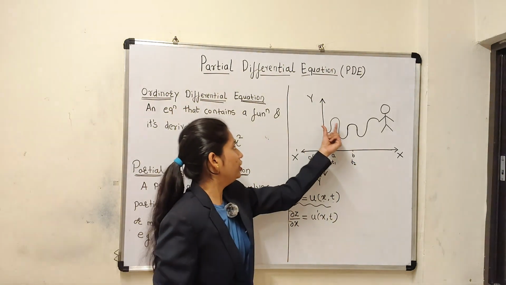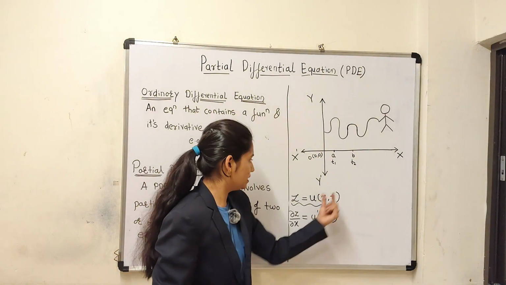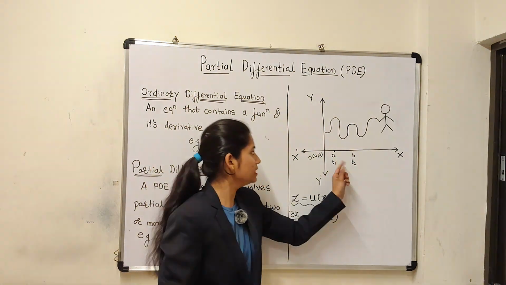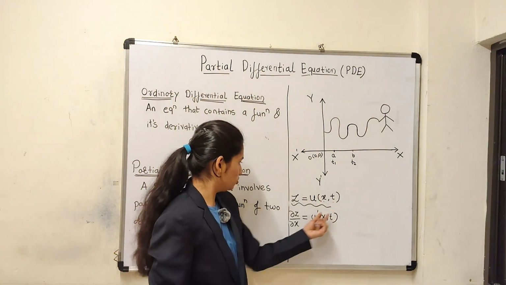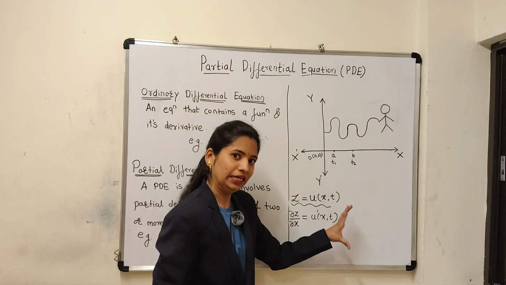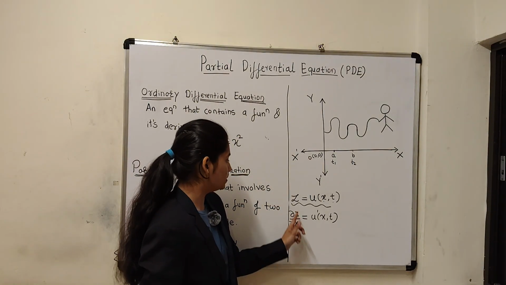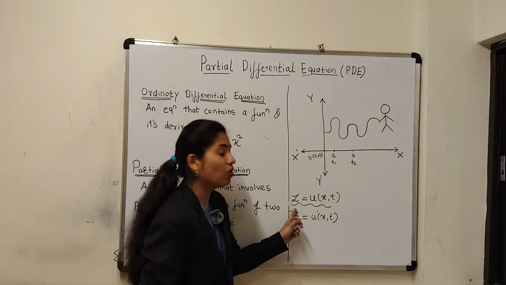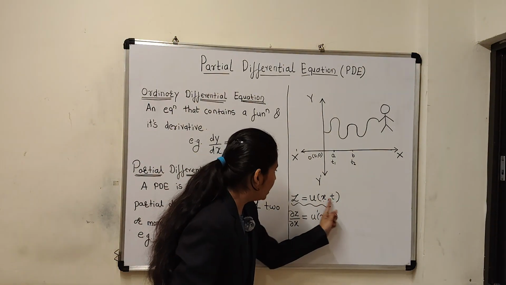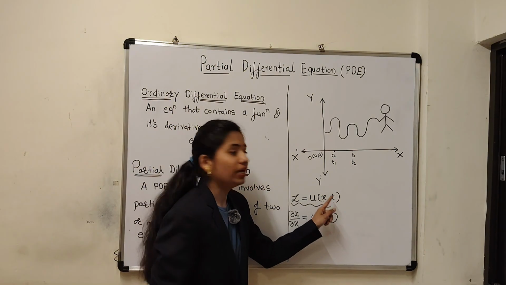So we denote it as a function u of x and t, because it depends on the x-axis and also on time. It is denoted by z, so z is equal to u of x and t. If we take its derivative ∂z by ∂x, this is called a partial derivative, because x and t are independent variables and there are more than one.